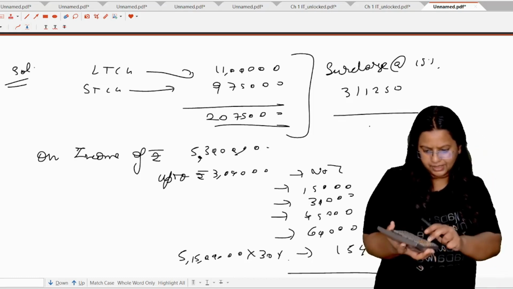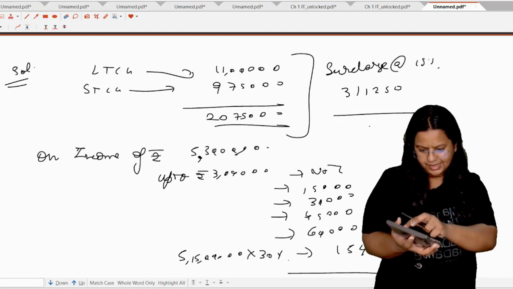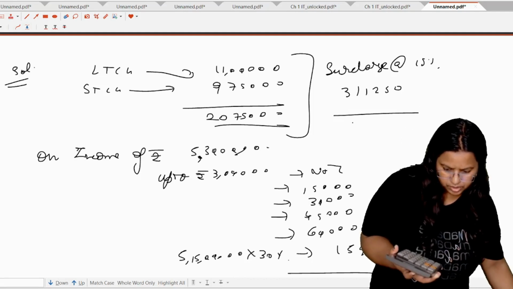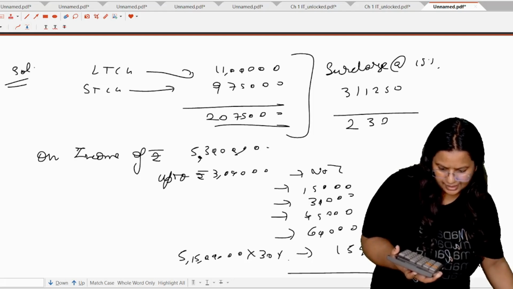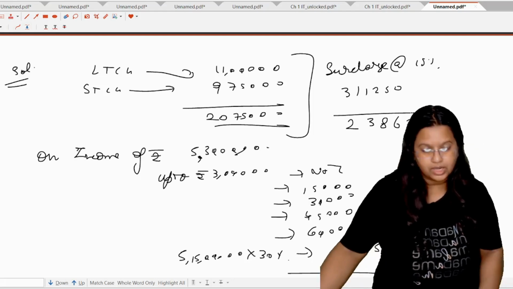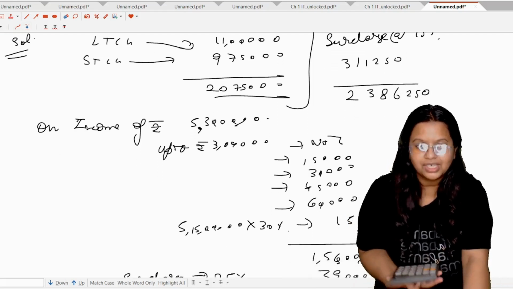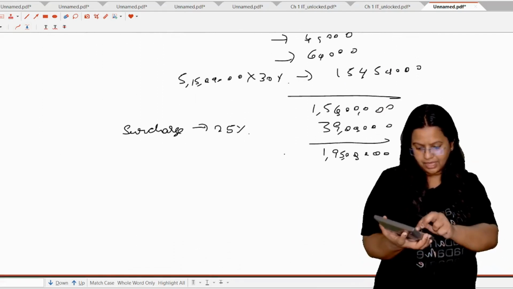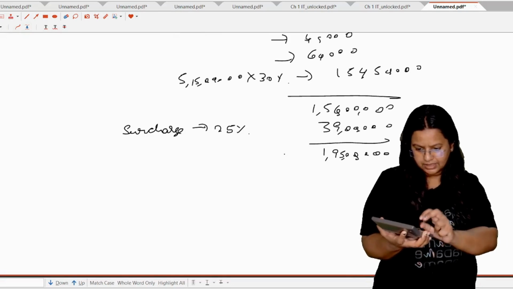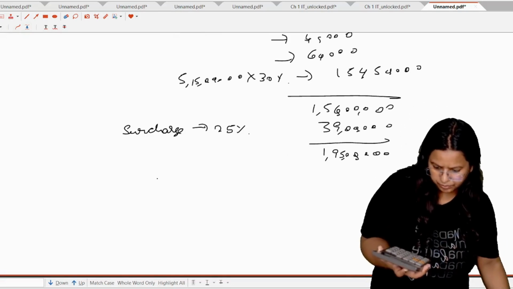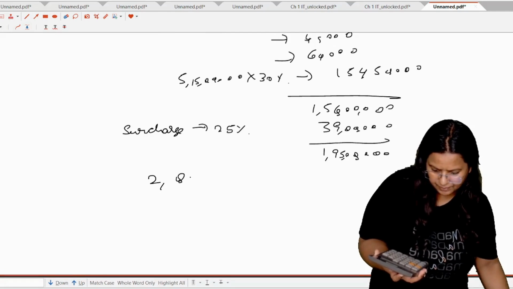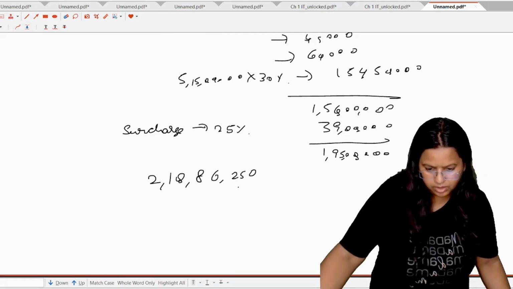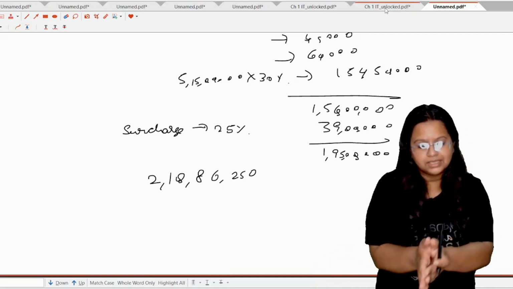Total tax liability 20,75,000 plus 15%, so 23,86,250. Now the total tax liability is 23,86,250 plus 1 crore 95 lakhs. It comes to 2 crore 18 lakh 86,250 rupees. So the total tax liability till this point is this.